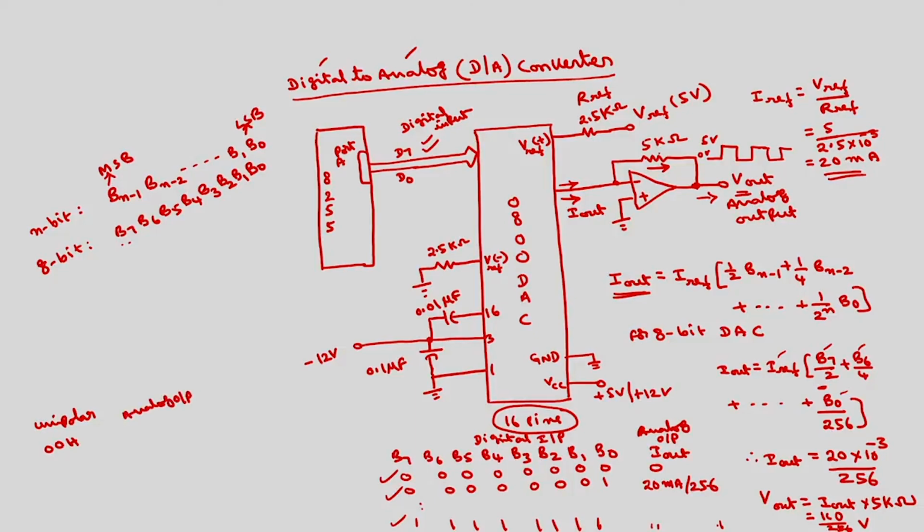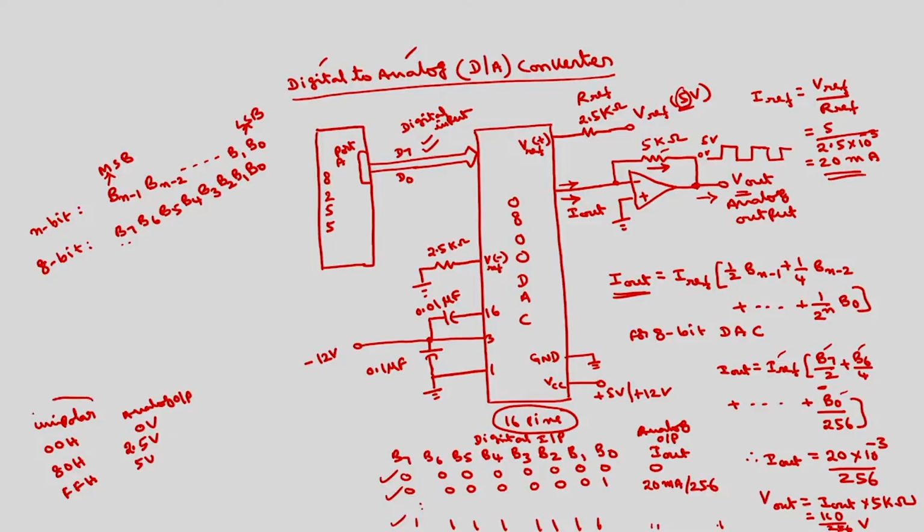After the voltage conversion, 80 H will be the center point, equal to 5 volts, and FFH is 10 volts, if I use the reference voltage as 10 volts. If I use the reference voltage as 5 volts, this will be 2.5 volts and FF will be 5 volts.